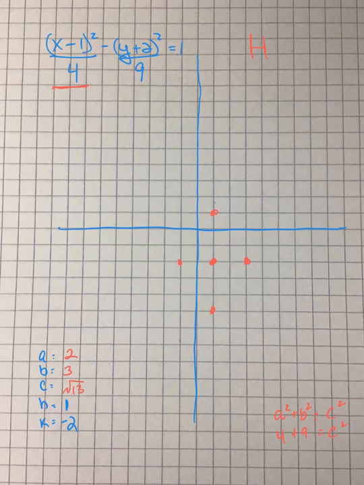And then we're going to draw a rectangle connecting all these dots. Now, when you see the word asymptotes, all you're going to do with the asymptotes is connect the corners of the rectangle. So you're going to go like this, and you're going to go like this. And I don't have a ruler on my iPad because it messes it up.